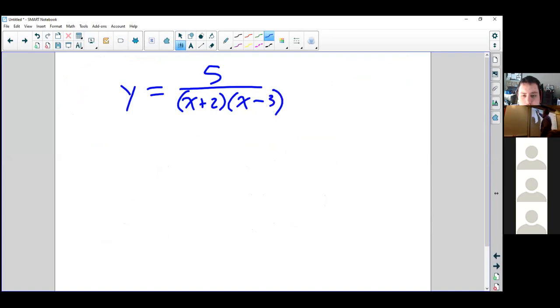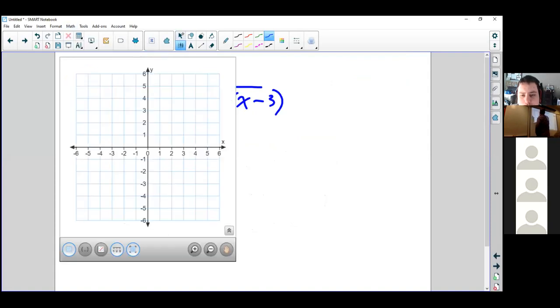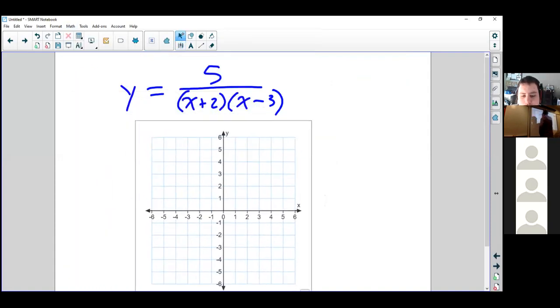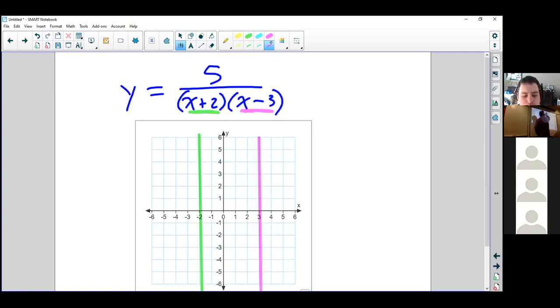So when I graph this, I had -2 here, and this one, I had +3 here. And then I also had one last little part, which was this. And so my graph kind of looks like this.